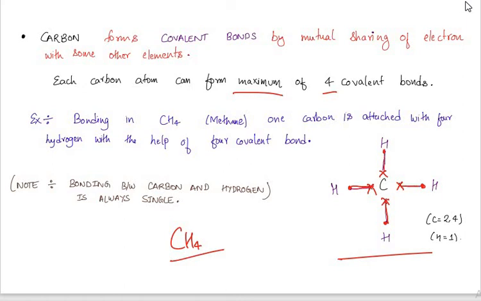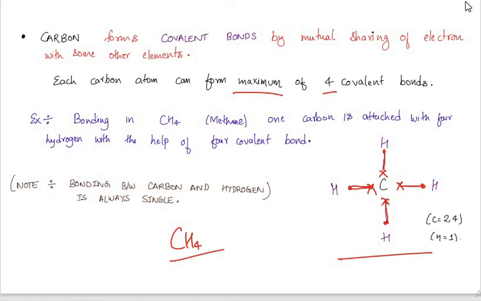So the stability of all 4 hydrogens is achieved. When hydrogen shares its electron with carbon, carbon also uses the electron of hydrogen. This is the mutual sharing that happens in covalent bonding.